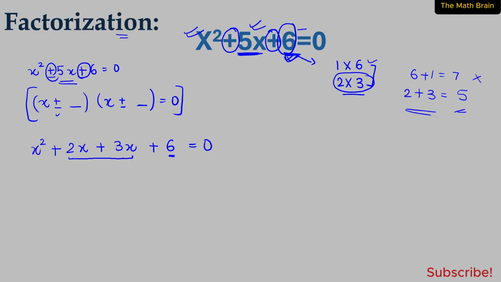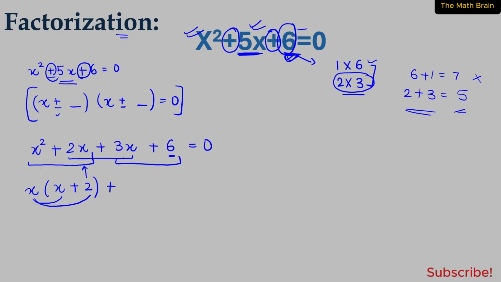Now the next step will be we have to take terms common from this and same as from this. So if we take terms common, what we will get is x plus 2, because x into x is x square and x into 2 is 2x.